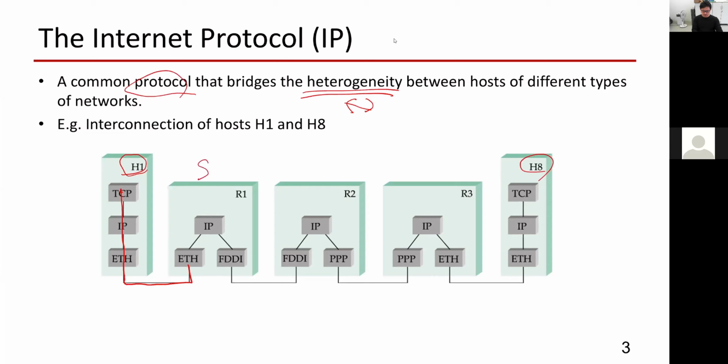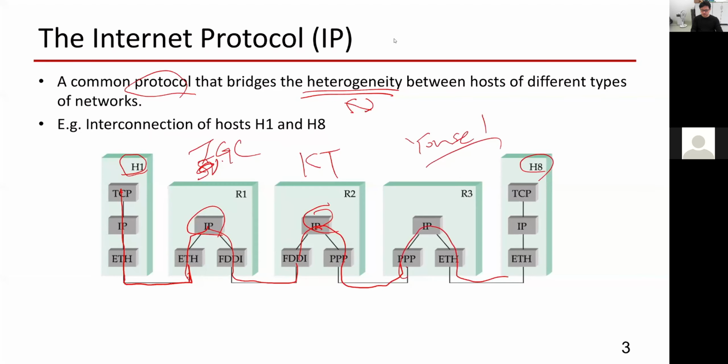Let's say this is SUNY, this is IGC, this is KT, Yonsei. We are connected by Ethernet, then go to the IGC router and connect to KT's. Then KT's router goes to the IP of Yonsei's router, then goes to that computer.